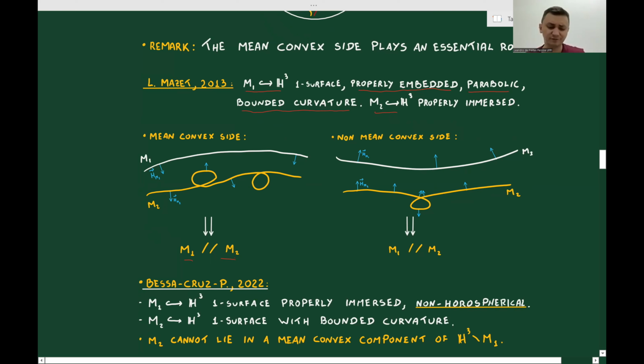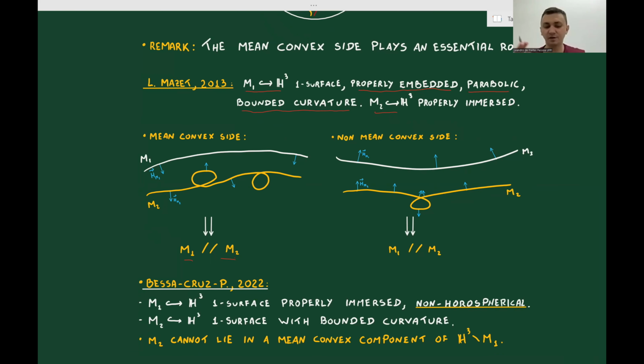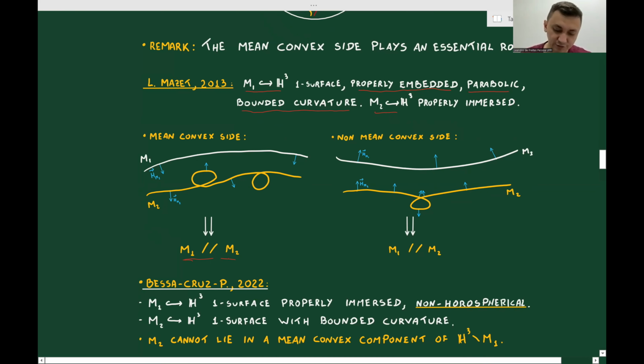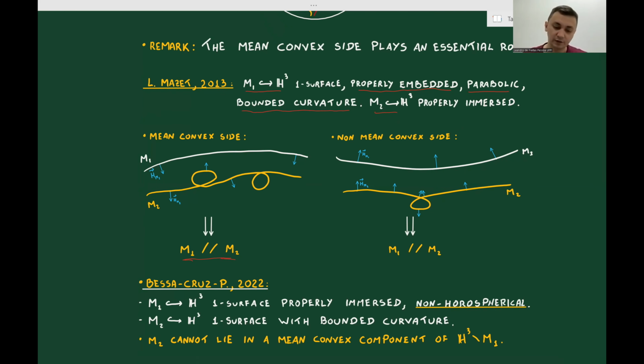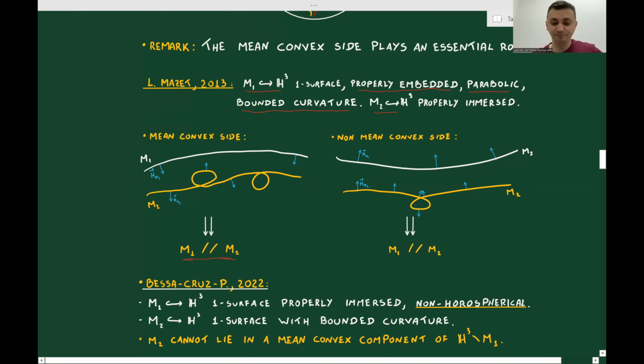This symbol here, parallel, maybe has no formal meaning, but I would just like to say they are equidistant surfaces. Okay, so in this case, it is very easy: M2 must be equidistant to M1.